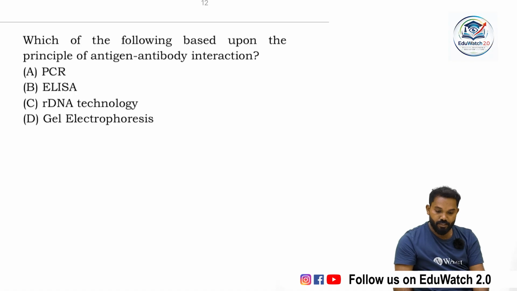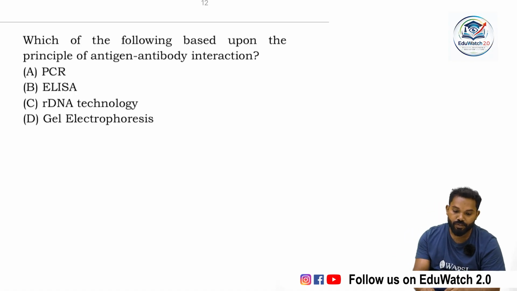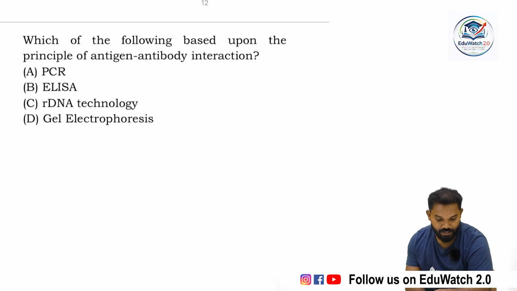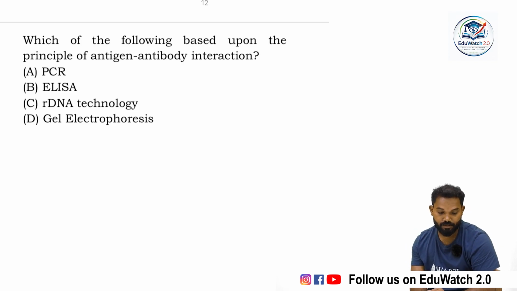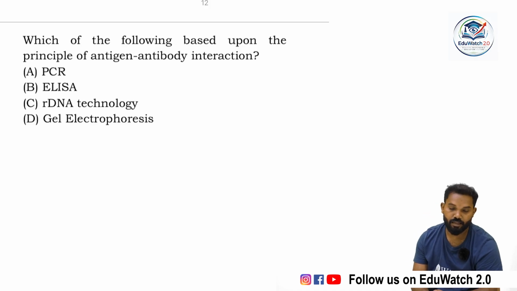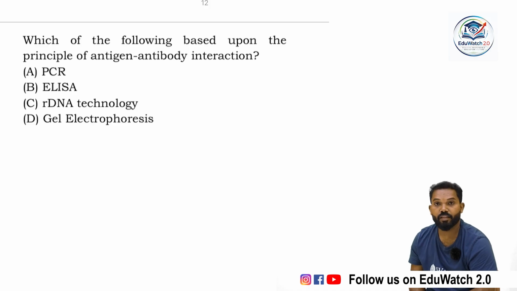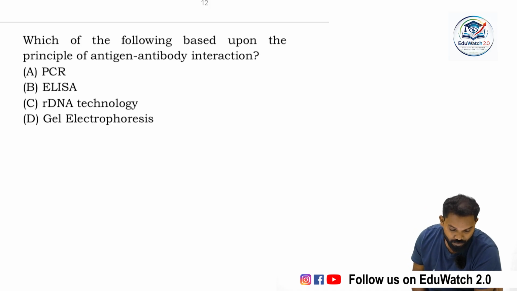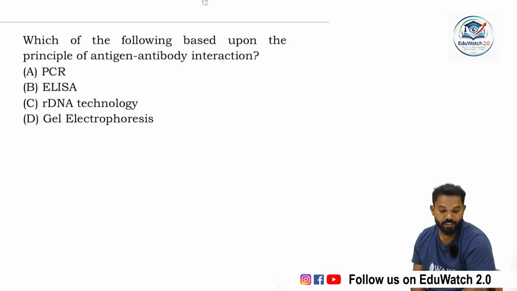Then the next question is, which of the following is based upon the principles of antigen antibody interaction? In the second year chapter Biotechnology, there are some new methodologies, that is antigen antibody reactions, then PCR, ELISA, etc. Which among the following is based on antigen antibody?